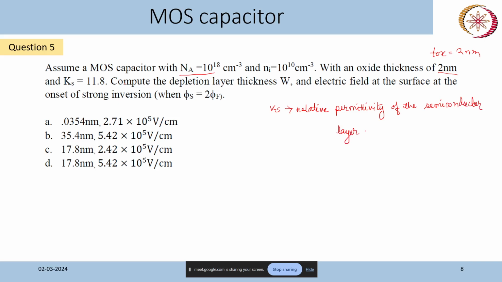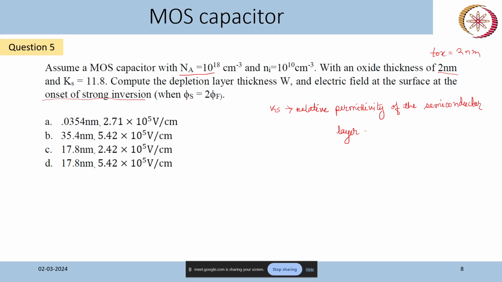Compute the depletion layer thickness W and the electric field at the surface at the onset of strong inversion. What is meant by onset of strong inversion?